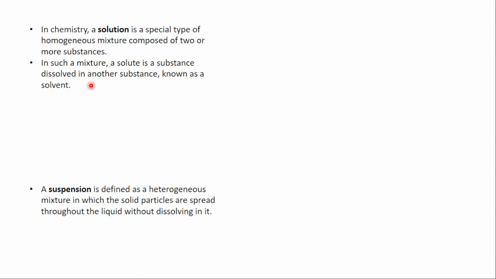So this is the right answer, option C. A suspension is a heterogeneous mixture where you can physically separate one of the two components. Like here we can separate the sand particles from the sand water mixture, and in a suspension solid particles are spread throughout the liquid without dissolving in it. It's not dissolving.